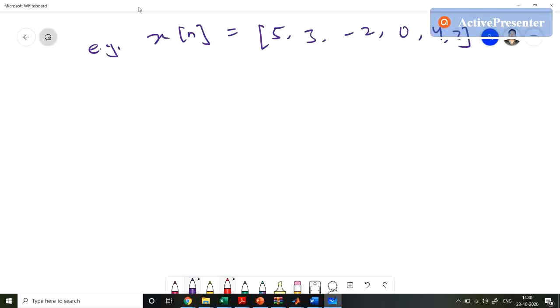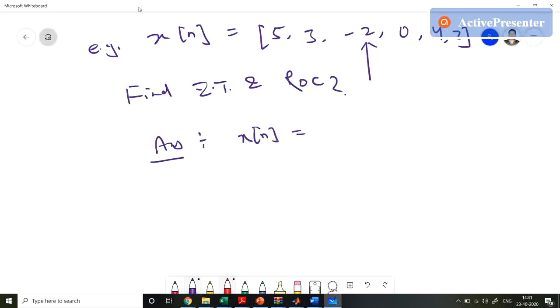So this is the example, and there is an arrow at the point minus 2. Find out the z transform and region of convergence. So x[n] is given as 5, 3, minus 2, 0, 4, 3. The arrow is given at minus 2, which means it is the n equals 0 point.